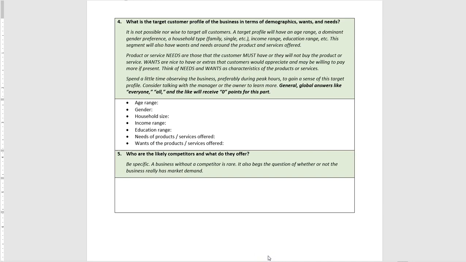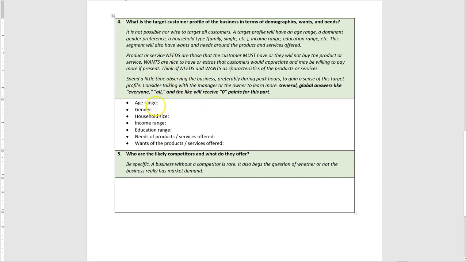So if the pricing tends to be higher, say for a burger, the burger is about $12, that will typically be for a middle income household as opposed to a $7 burger. So that will tend to be on the lower end of the economic spectrum. You're not expected to be very specific, but to offer a range of what you have observed.